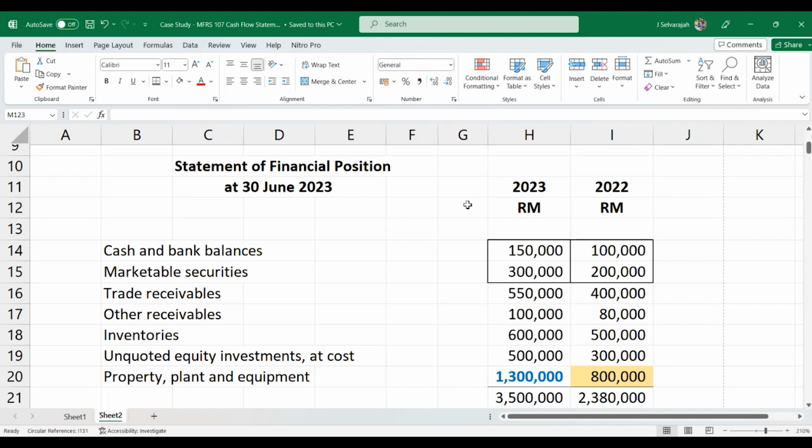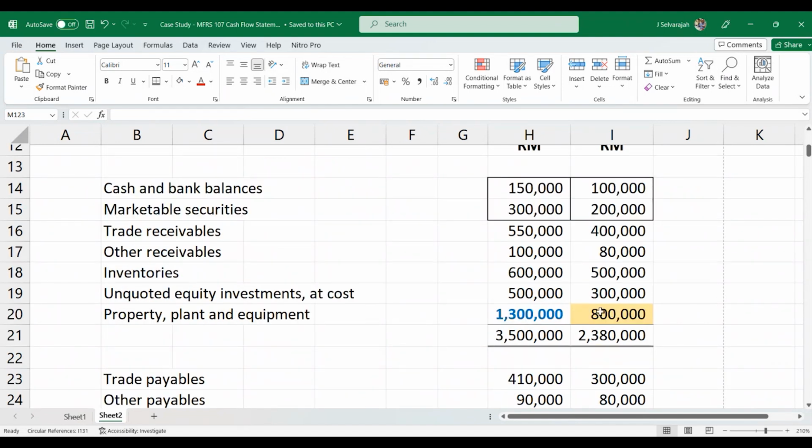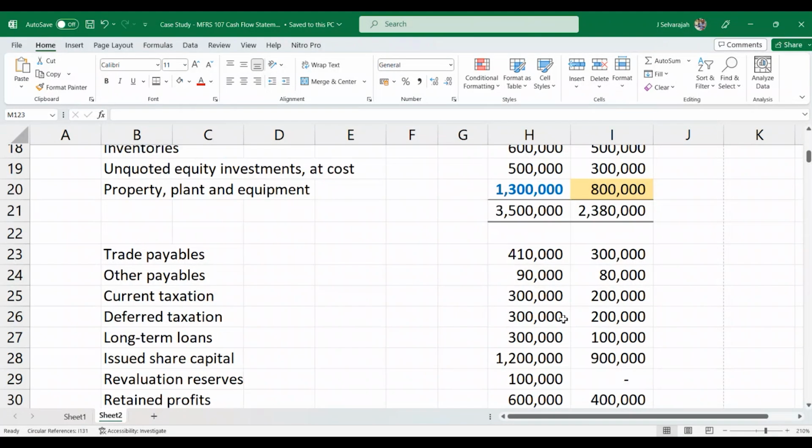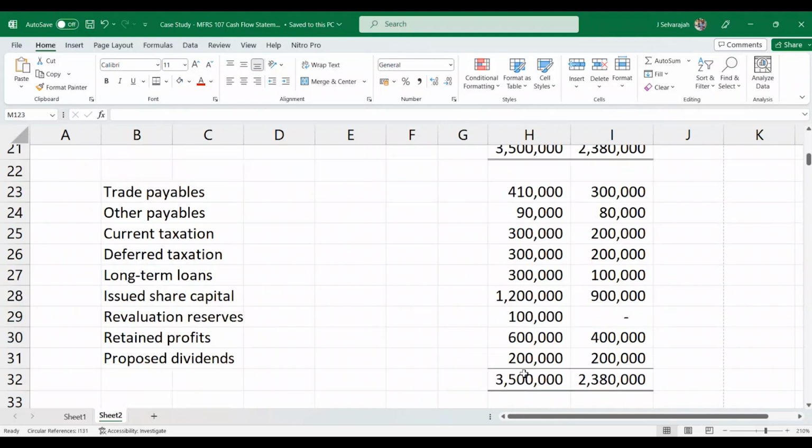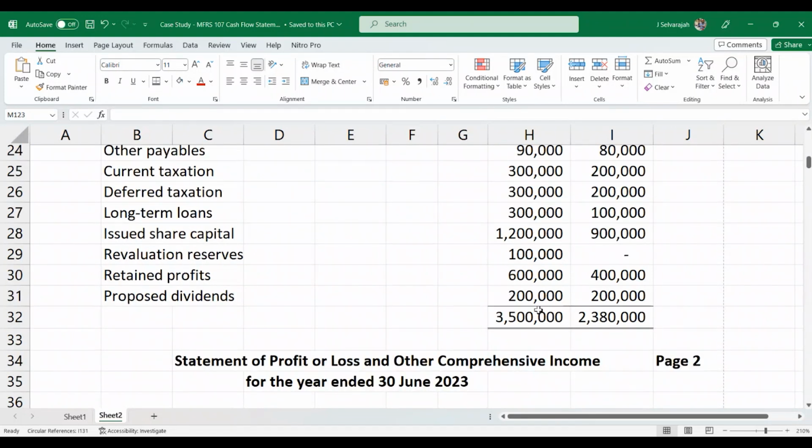Cash and cash equivalents, trade receivables, other receivables, unquoted investments, property, plant, and machinery. On the other side, you have the trade payables, other payables, current tax, deferred tax, and the proposed dividend.